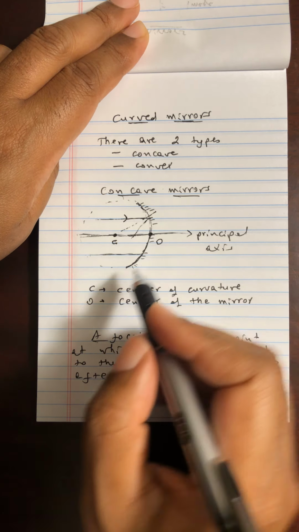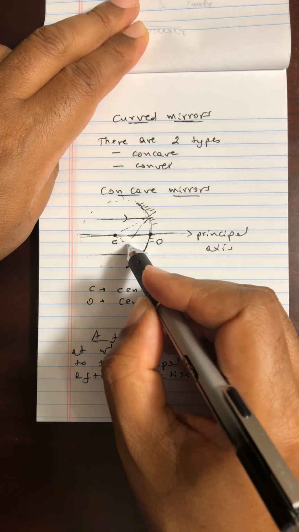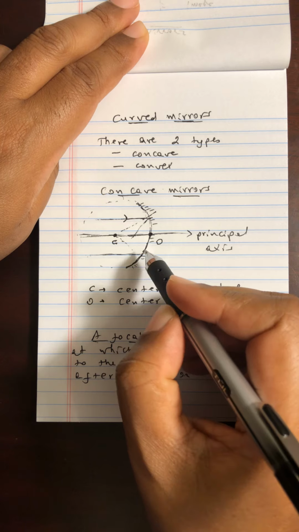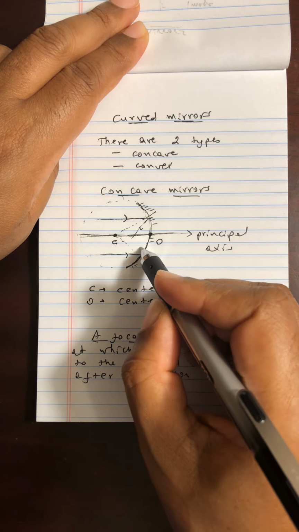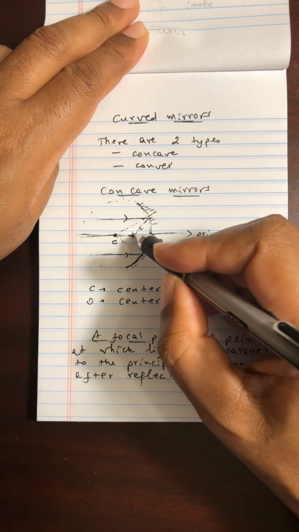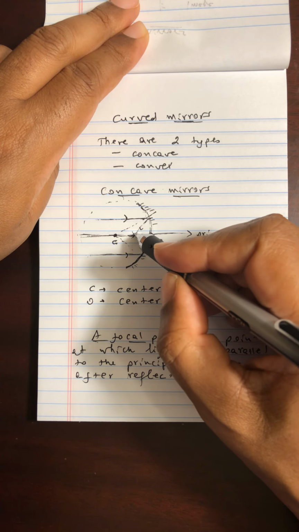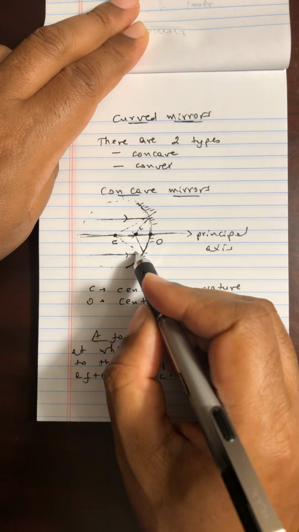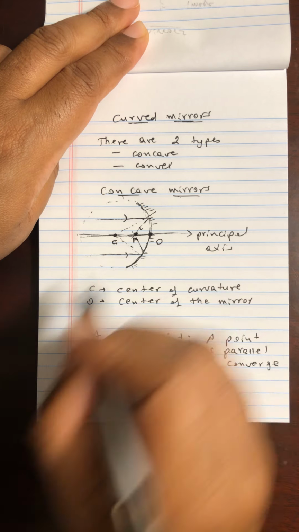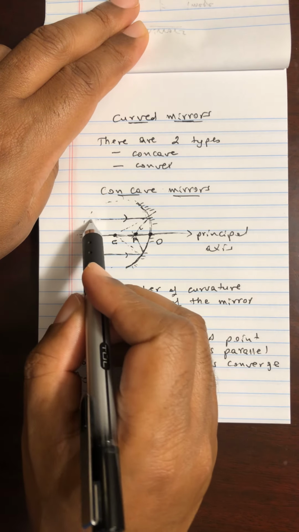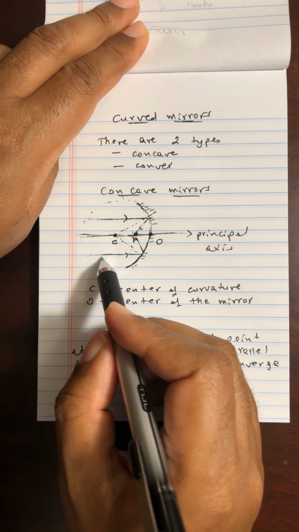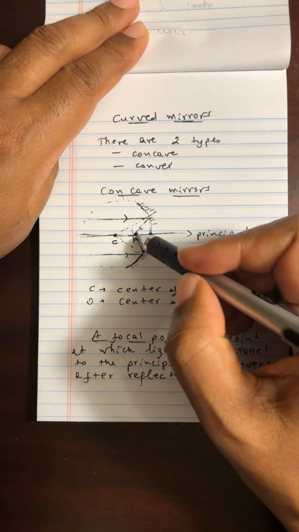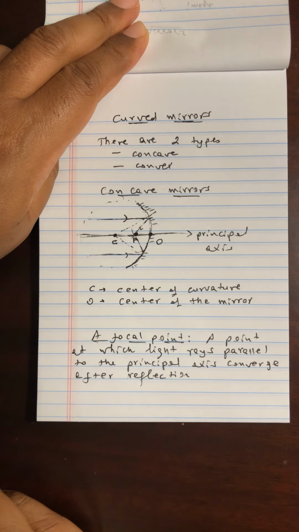The same thing over here: this is the normal line, which is the radius, and it's reflected like this. You see these two light rays, after reflection, meet at a certain point that we call the focal point. Let's denote this by F. So these two parallel light rays meet at this point after reflection. This is our focal point.